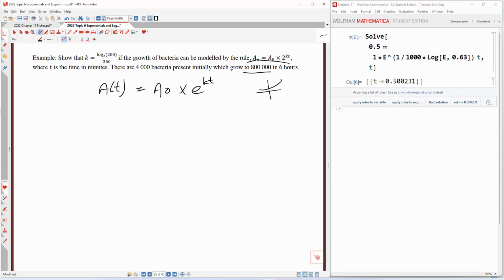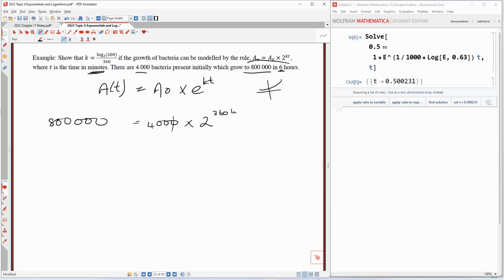All right, so this is the initial. So we do have an initial specifically put down, which is 4,000, grows to 800,000 times 2 to the k and time in minutes, and it's 6 hours. Bit cheeky, 360 k. All right.